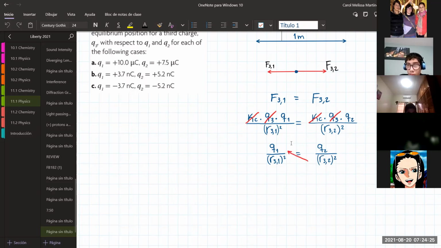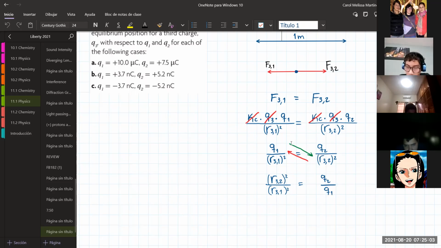The q1 that is above, that means it's multiplying, so it's going to be sent down to divide. So I'm going to have r32 raised to the second power divided by r31 to the second power equals q2 divided by q1.